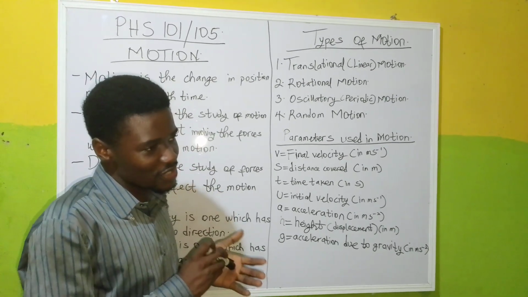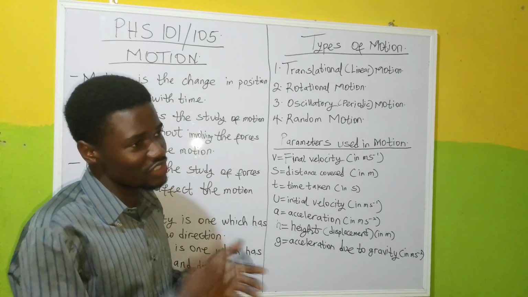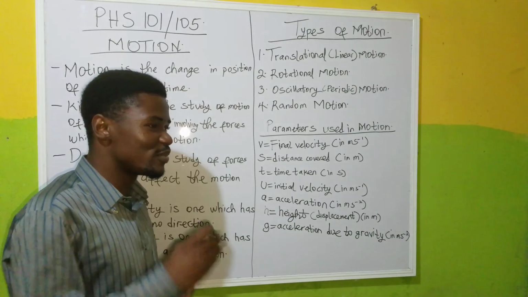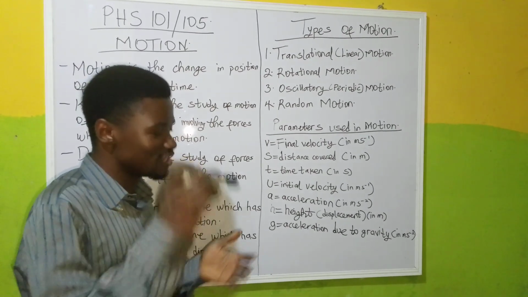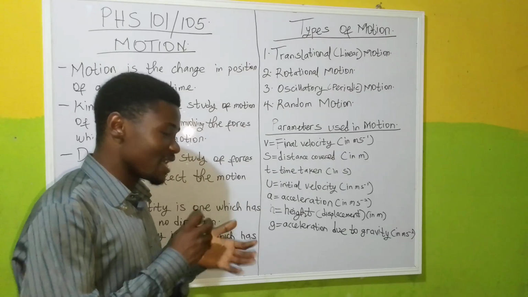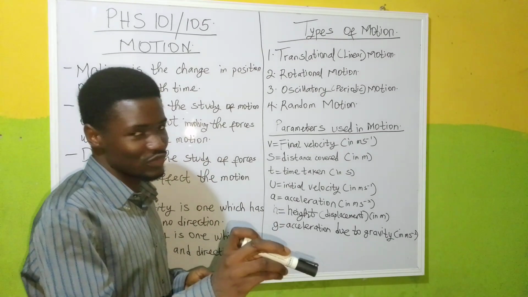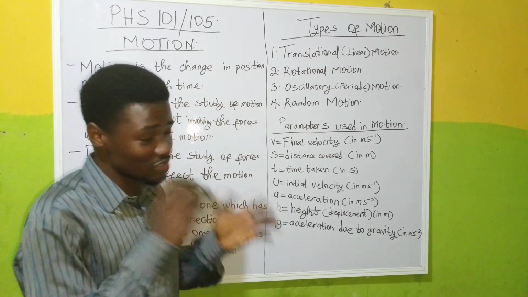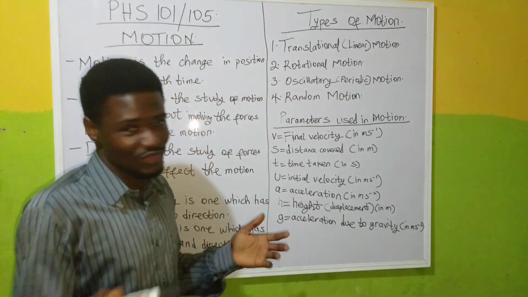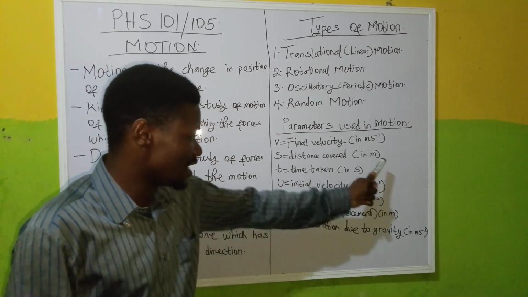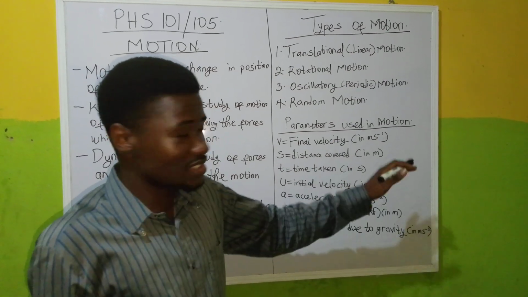You move from that point B to a point C, another 100 meters. From point C to point D, 50 meters. So that's 100, 100, 50. Now, the total distance traveled from the start of your journey to the final position will just be 100 plus 100 plus 50, that would be 250 meters covered. That's the distance covered. The unit is meters.